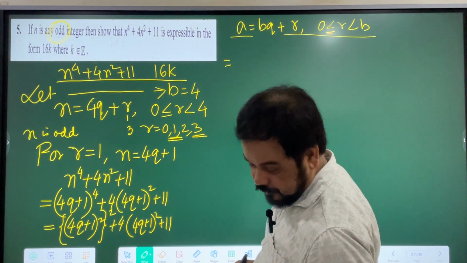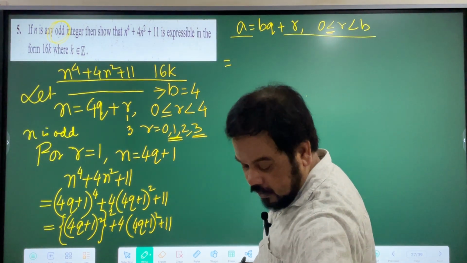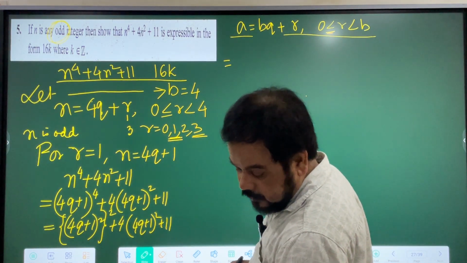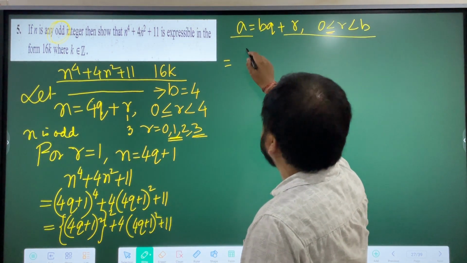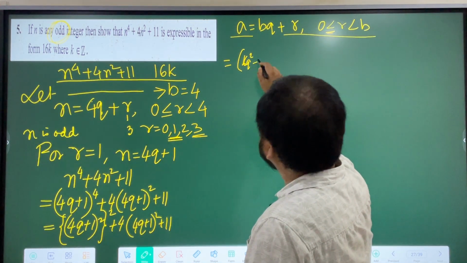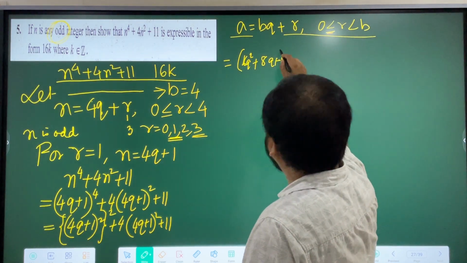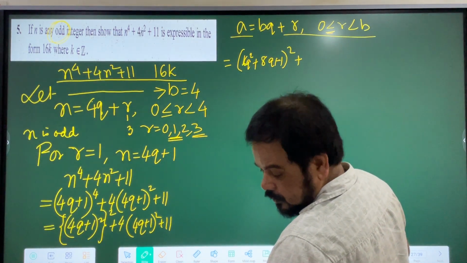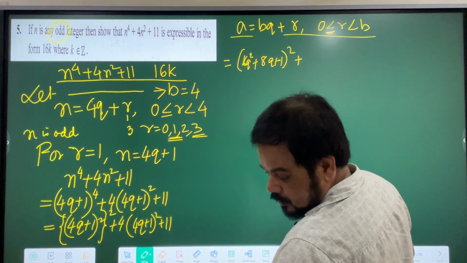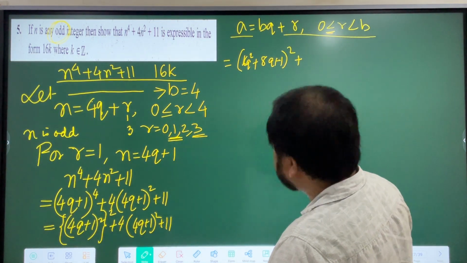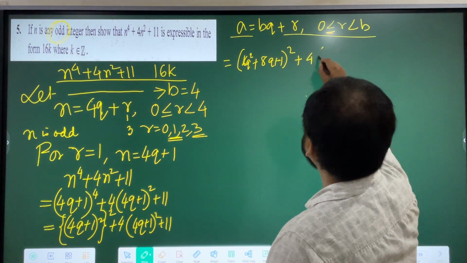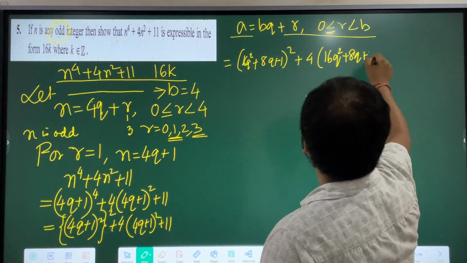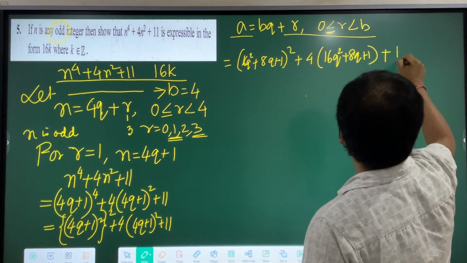This calculation I am going to do directly, because doing the calculation here will take much time. So the squaring is done: (16q square plus 8q plus 1) whole square, plus 4 times (16q square plus 8q plus 1), then plus 11.